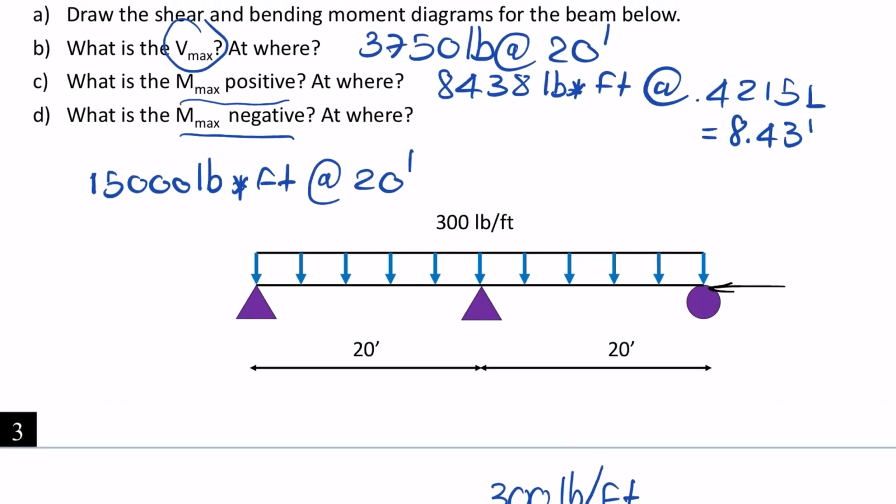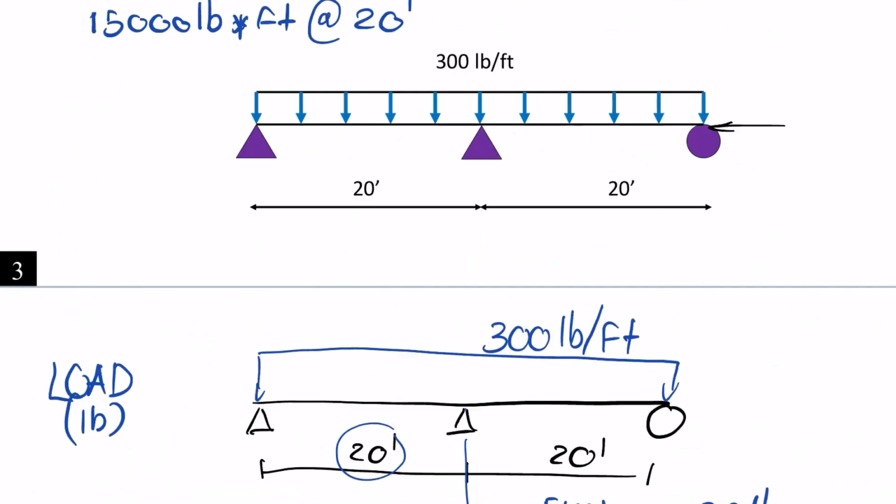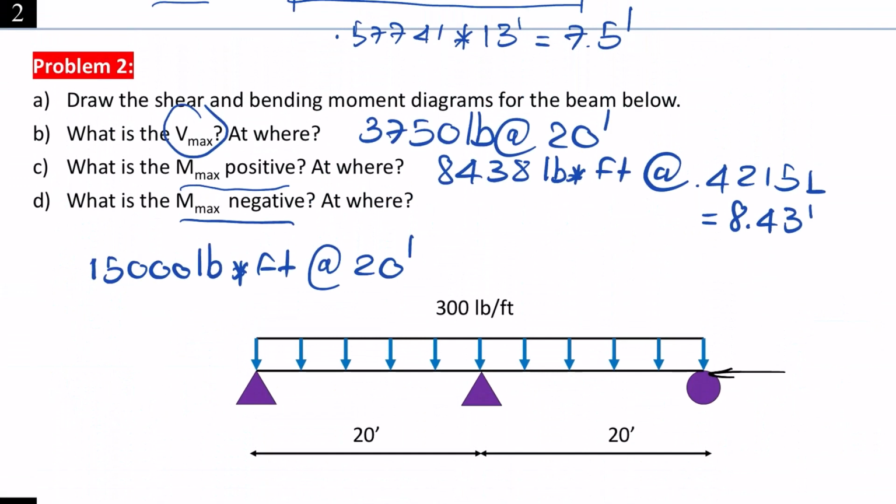So you can see that normally for the shear, we just care about the magnitude of that, which means we just care about the value. We don't care whether it is positive or negative. However, for the Mmax, we care about the sign of that. Later on, when we discuss reinforced concrete, you're going to learn more about this one.